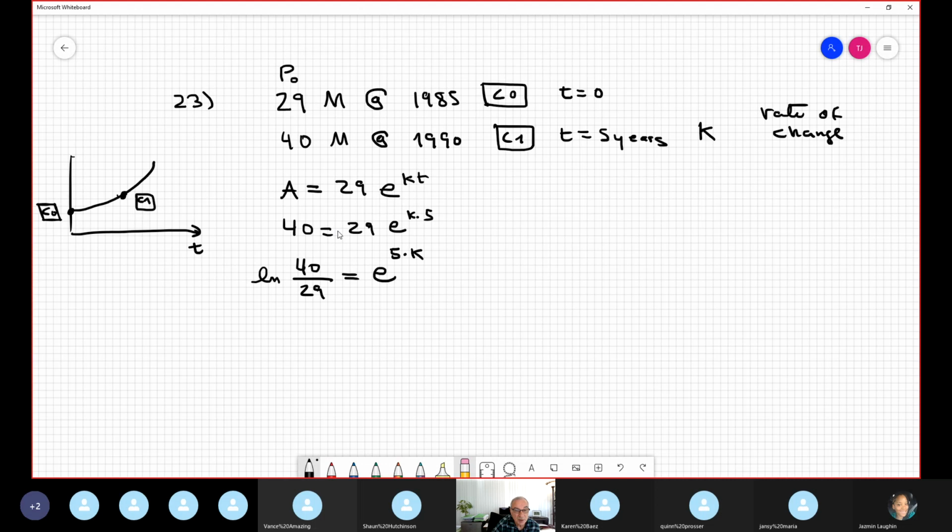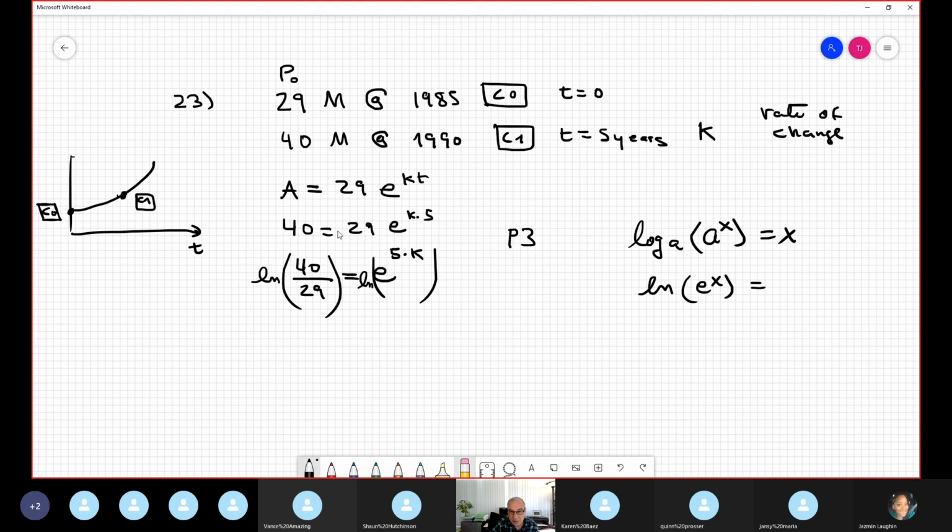Now apply natural logarithm, which is the most convenient logarithm. The reason is clear, because you're using the property number 3. Let me recall property number 3. Property number 3 says logarithm base A of A to the X is equal to X. It's like they cancel each other, this A and this A. Specifically, in our example, there is no base, it's natural logarithm of e to the X, it's obviously X. And now we have logarithm of 40 divided by 29 equals 5K.